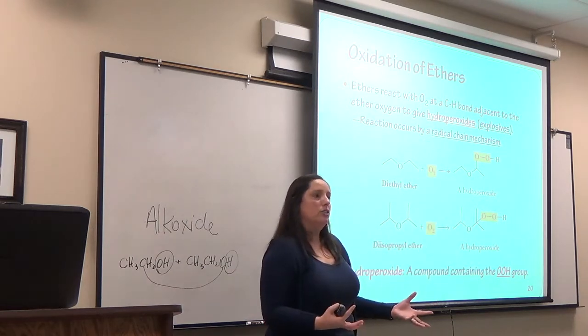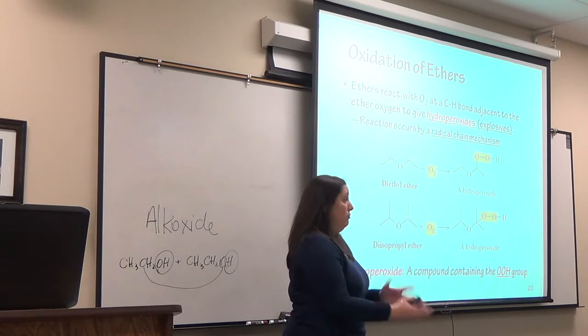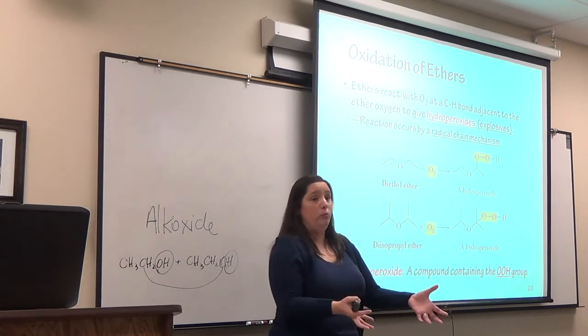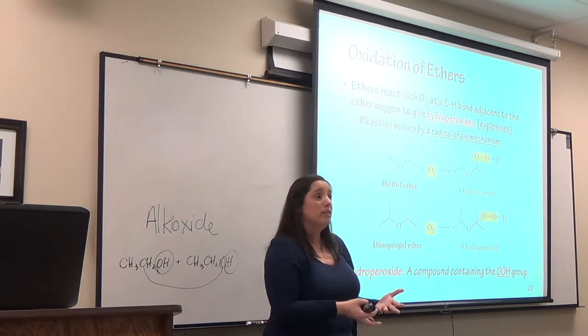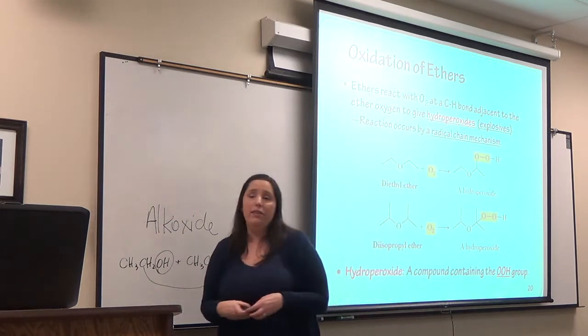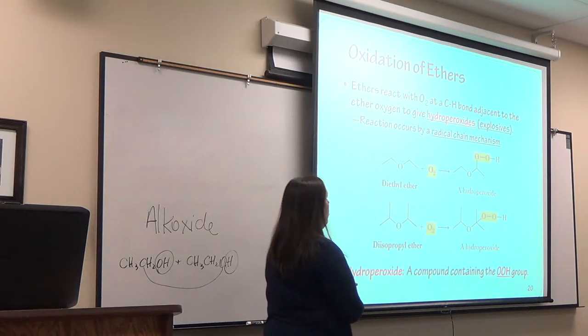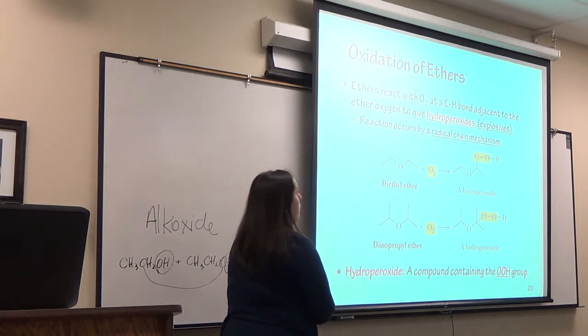So this will happen just by standing in an open container in the room. You don't really need to add an oxidizing agent like chromic acid or permanganate. This will happen with just the oxygen, O2 gas, from the air.